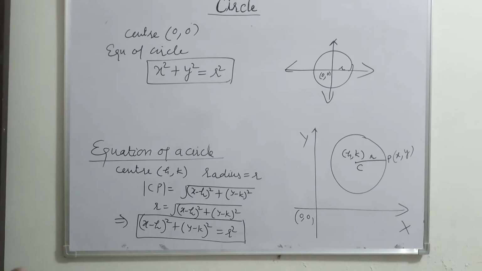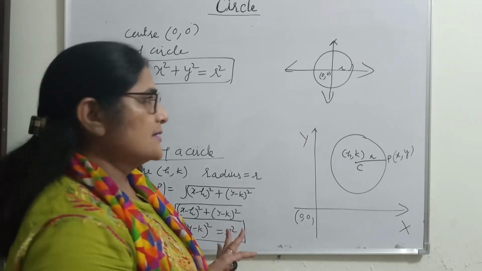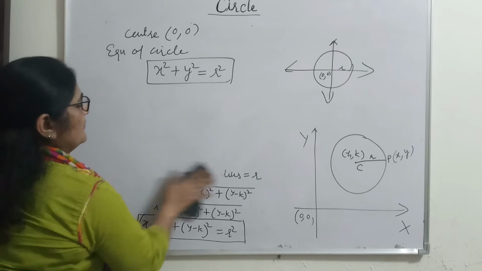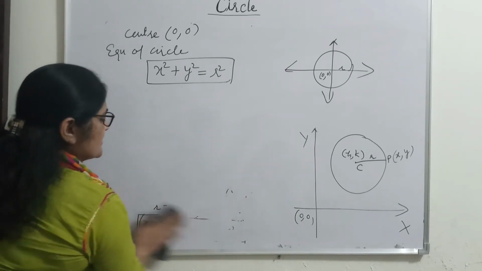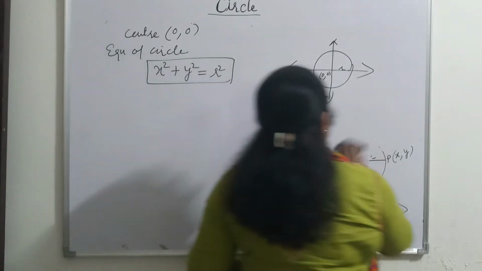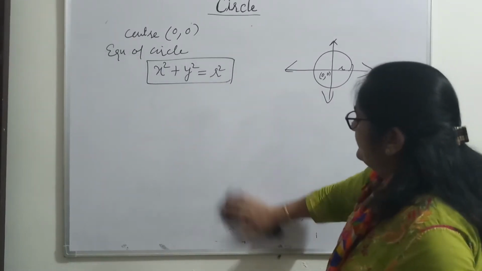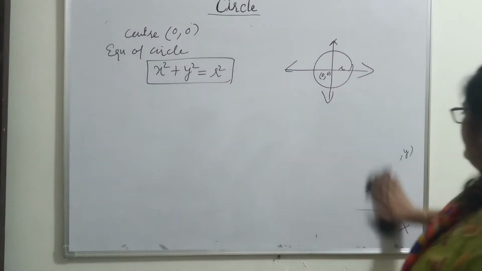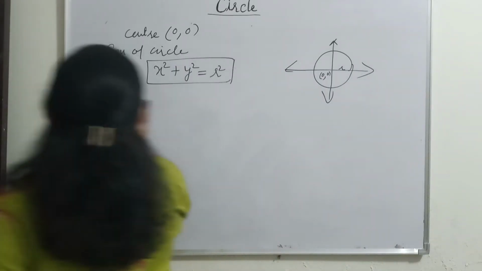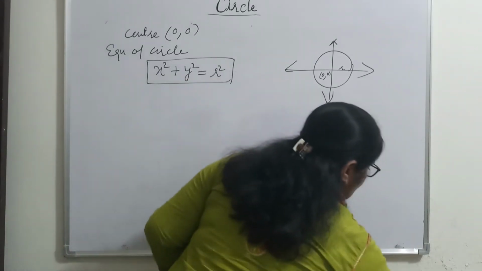Now I will take some problems on circle. The first type of problem is where we find the equation of a circle when the center and radius are given. I am taking a problem from NCERT.